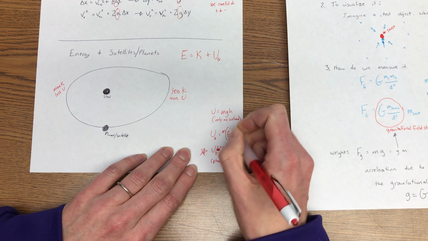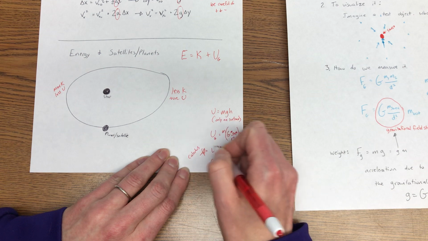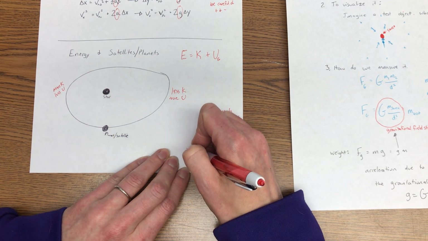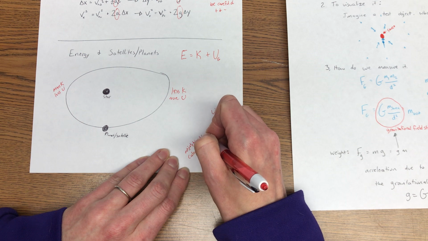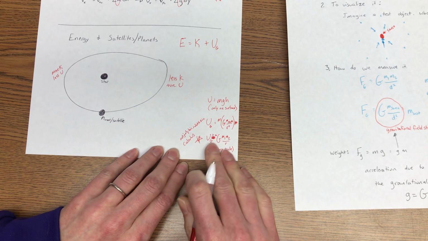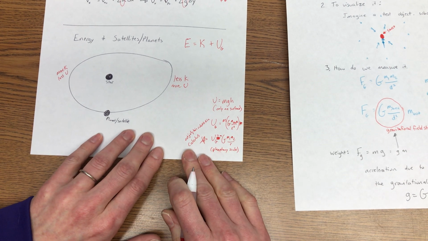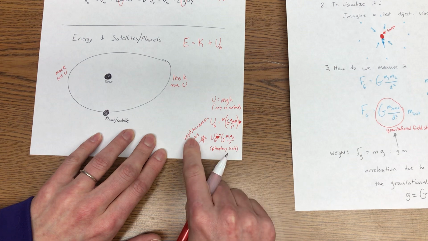The negative in here comes from calculus. Not just plain substitution works there. If you want, I can show you where that comes from. It's an integral, okay? But a negative shows up because of the way you're moving.